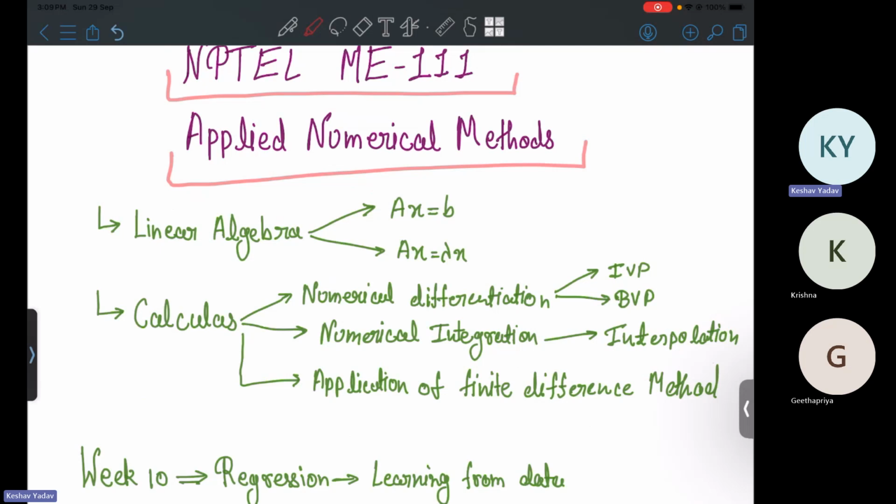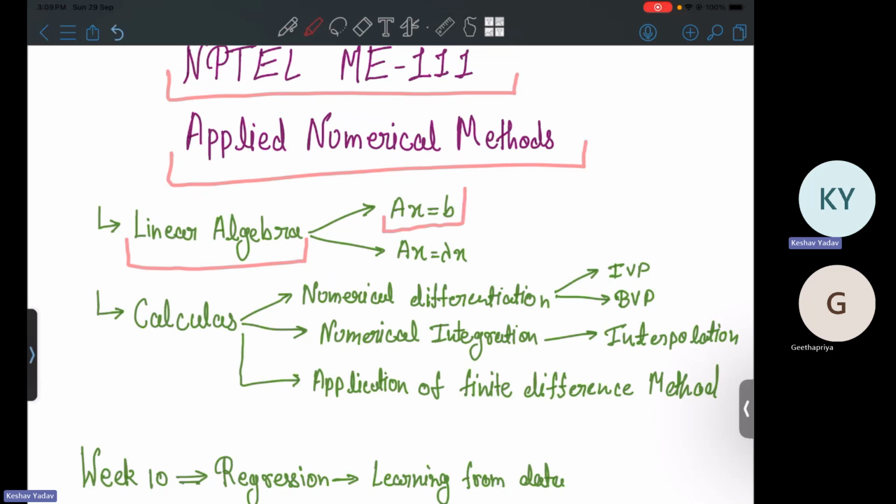So till now, what we have discussed in this course: first we have discussed the linear algebra part. In the linear algebra part, we have discussed two types of problem. The first one was AX equal to B type of problem, that is, systems of linear equations.